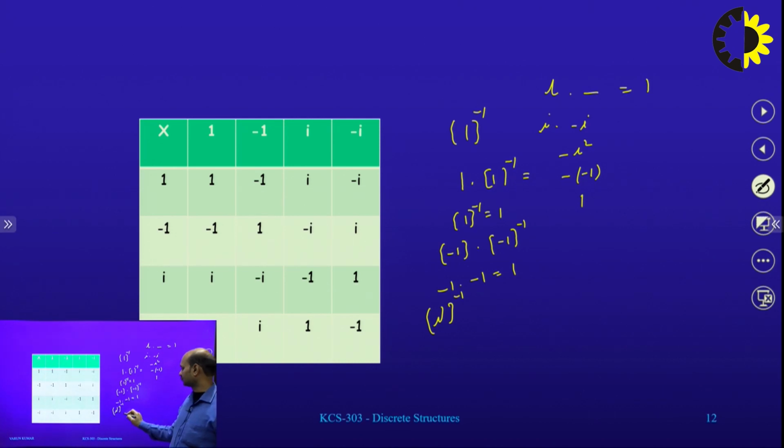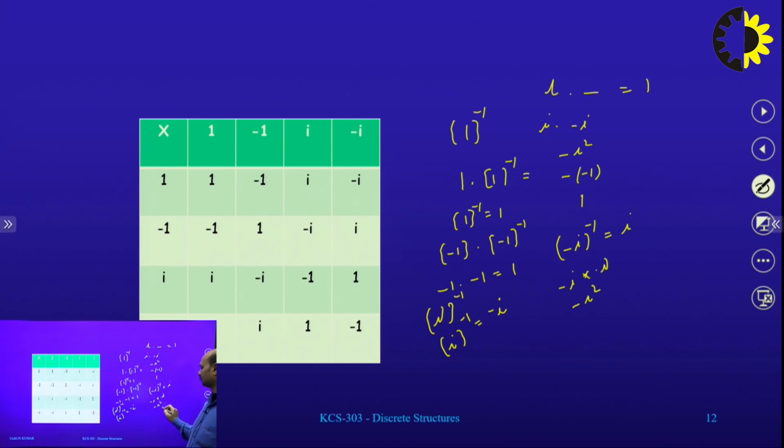So, i inverse is equal to minus i. Okay. And what is minus i inverse? Minus i multiplied by i becomes minus i square, that is minus minus 1, which again is 1. So, all elements have their inverse existing in the group.